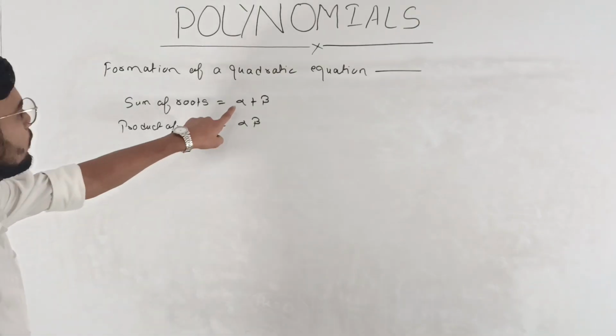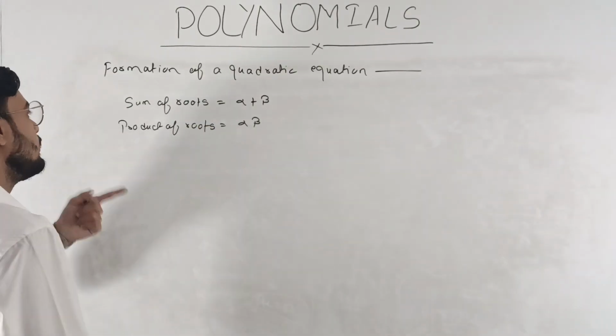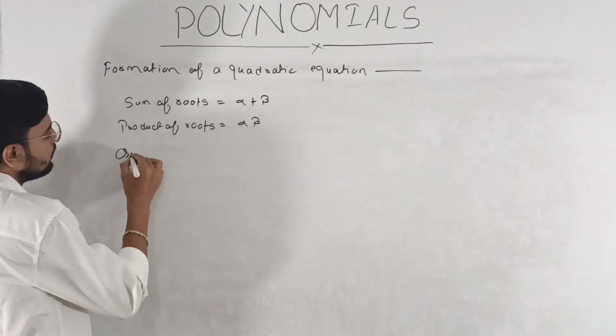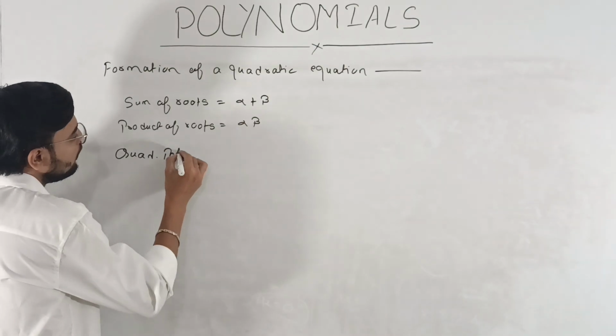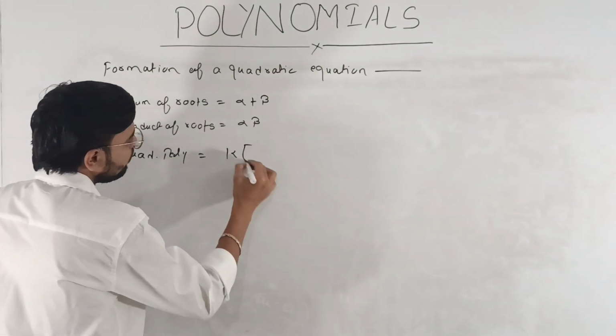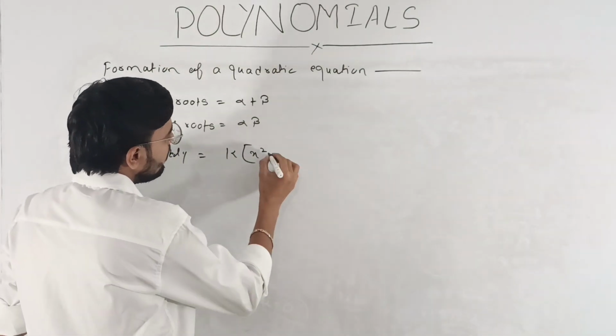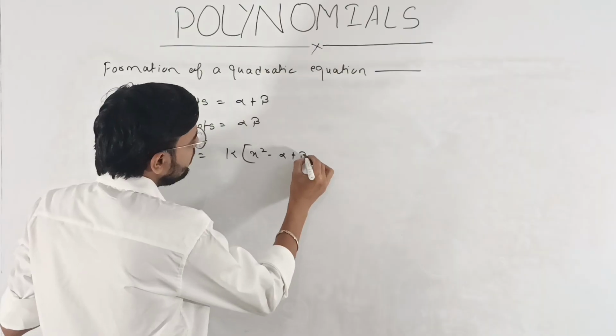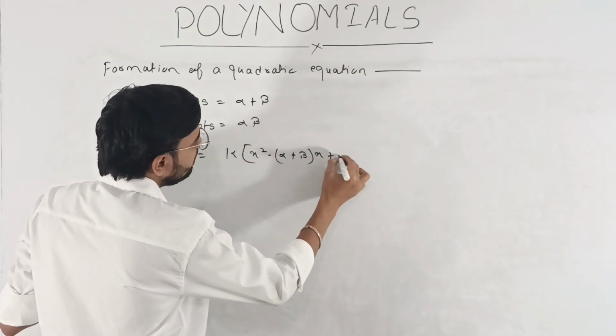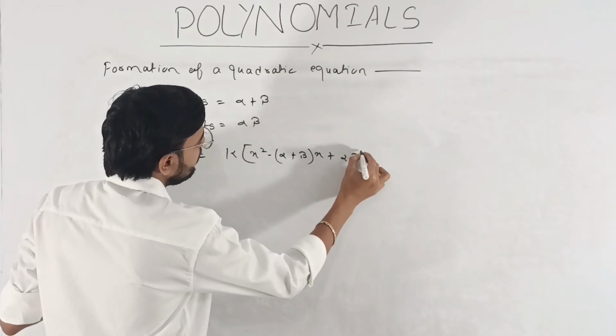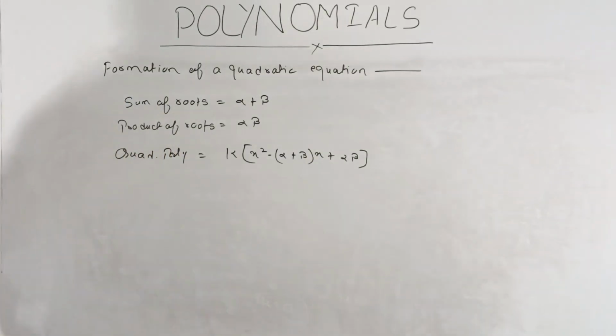Now if we have these two, then we form a quadratic polynomial, which is k(x² - (alpha + beta)x + alpha beta). Okay, this is our quadratic polynomial.